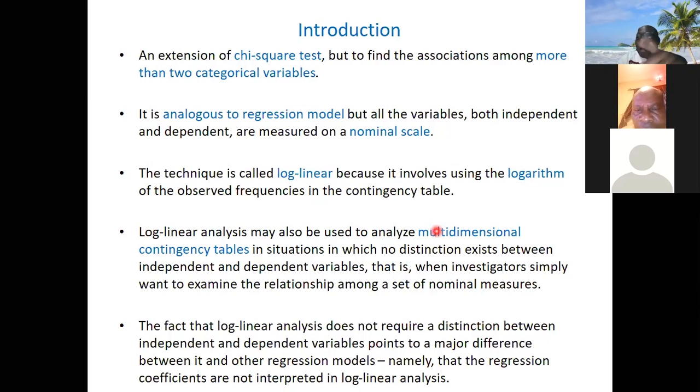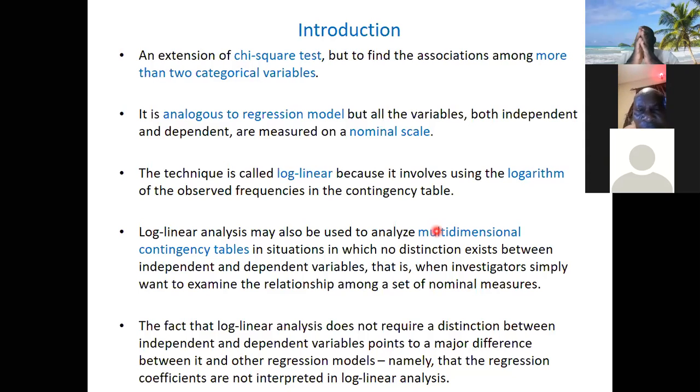Chi-square is bivariate, but linear regression can either be bivariate, if it's simple regression, or multivariable, that is, when you have more than two variables involved. So like chi-square, you have two categorical variables, you look at association.